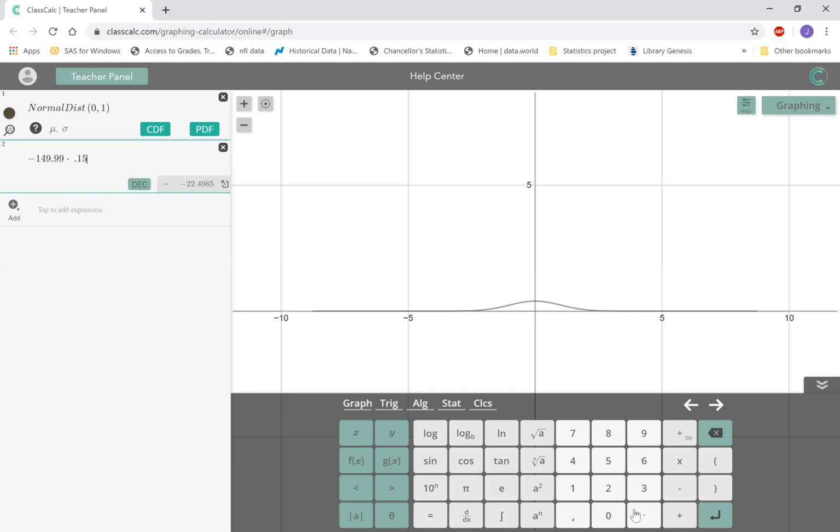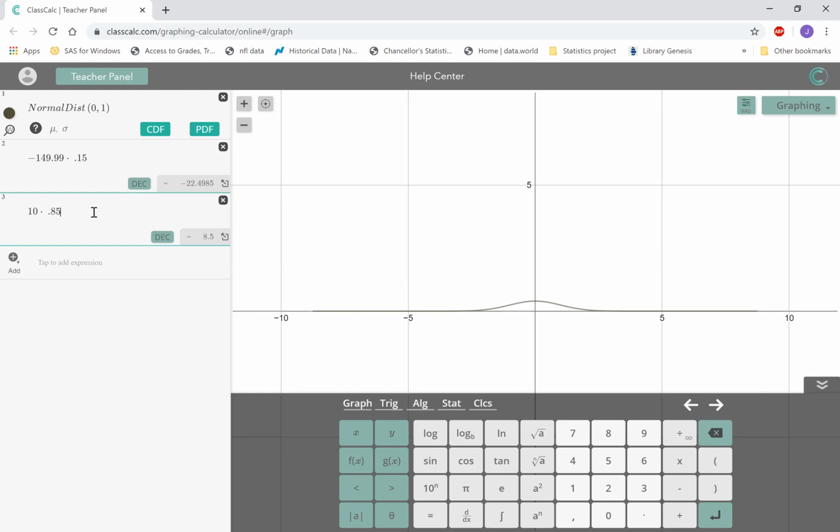So you got negative 22.4985. Cool. So that's when you multiply the first row together. So now we're going to multiply the second row together, which is 10 times 0.85, and you get 8.5.